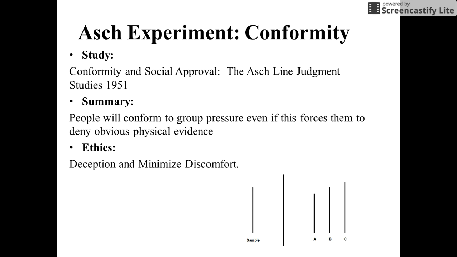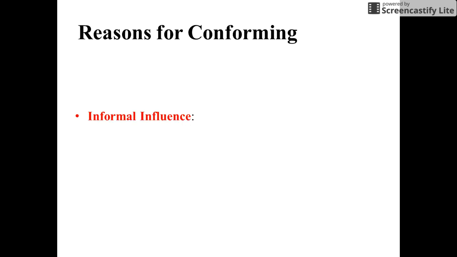And what they found was the individual who was the participant often conformed to what the others thought, even if it was wrong. The ethical study offered deception because it did deceive the participant, and people question if it minimized discomfort, because it felt that maybe it put the participant in an uncomfortable setting.